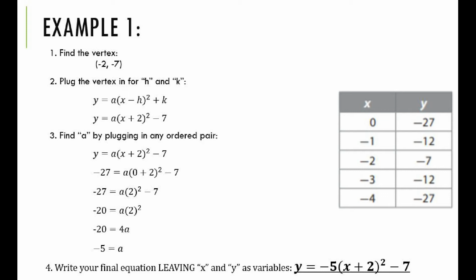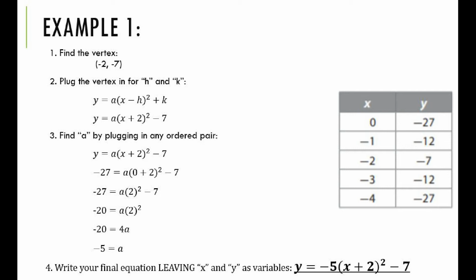Now I can do the exponent. So 2 squared is the same thing as 2 times 2. 2 times 2 is 4. So now my equation is -20 equals 4a. Last step, I need to get a alone, so I'm going to divide both sides by 4. So I get that a equals -5.